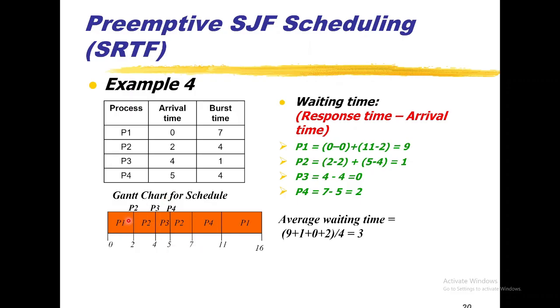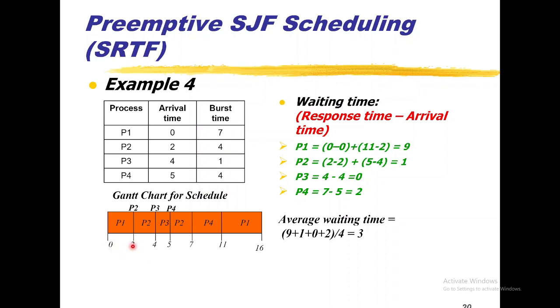So here I have the Gantt chart schedule. P1 arrived at time 0 and was picked up immediately, and it ran for 2 seconds. While it was running, P2 arrived, and P2 was 4 seconds. But remember P1 was 7 seconds, so it ran only 2 seconds, which means it had 5 seconds left.